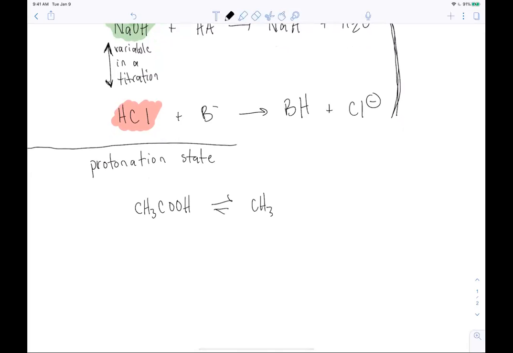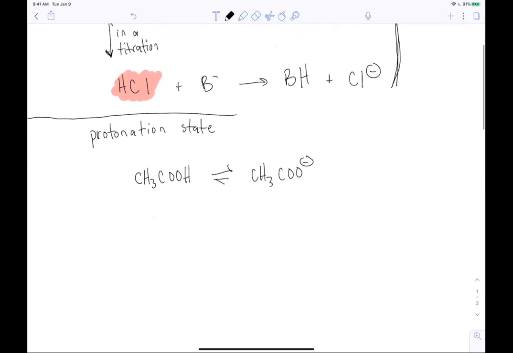It can exist either as acetic acid or as its conjugate base. So it could be protonated, or non-protonated, unprotonated. I'm just going to write non.